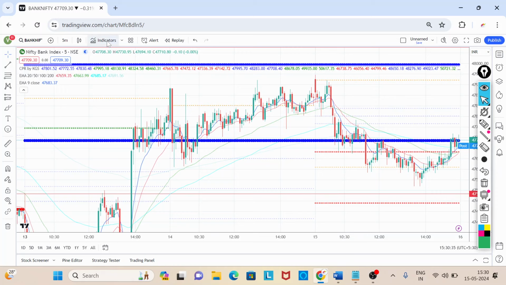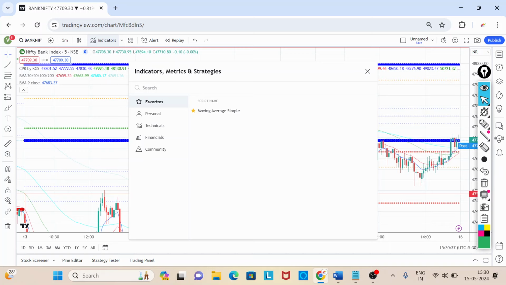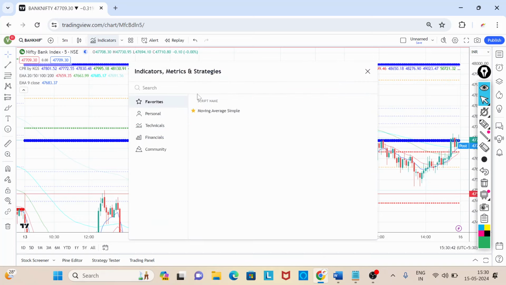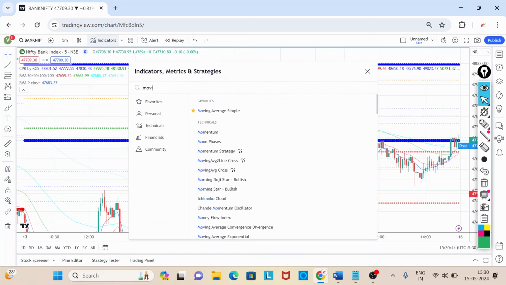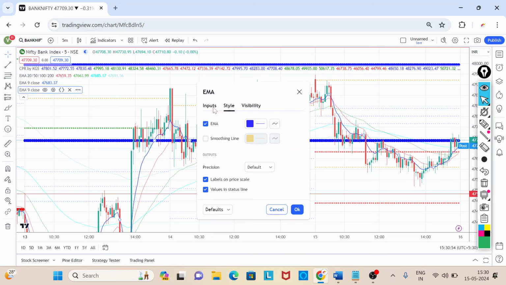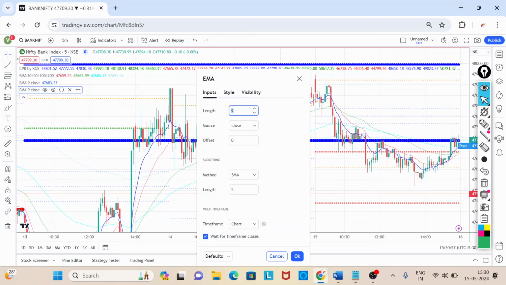Let me add the 5 EMA. In the TradingView platform, go to indicators and type moving average exponential. It will by default come as 9. Then go to the settings and keep it as 5.